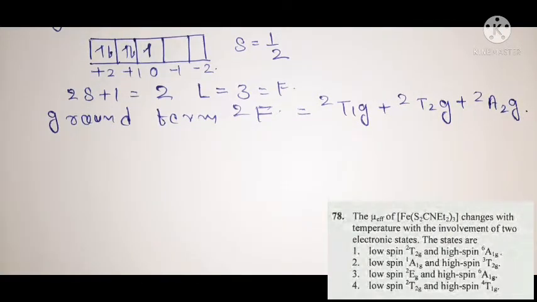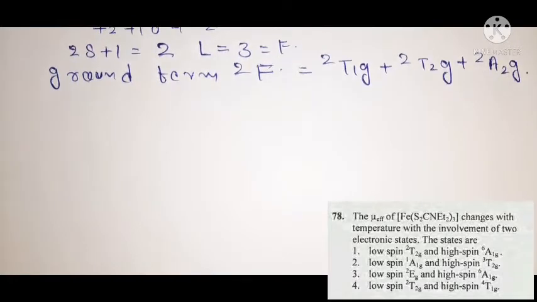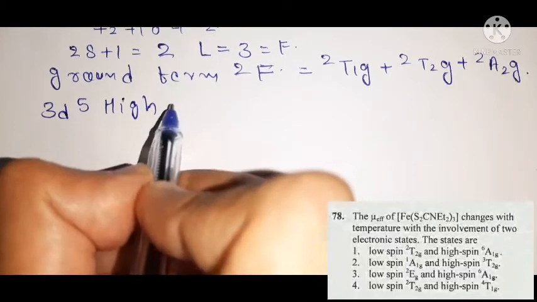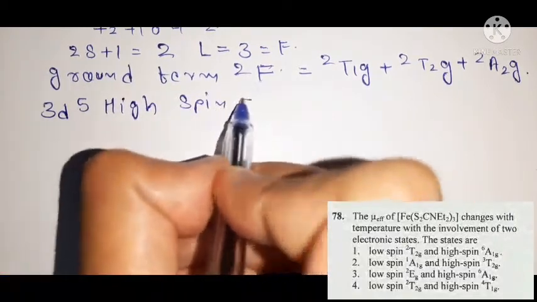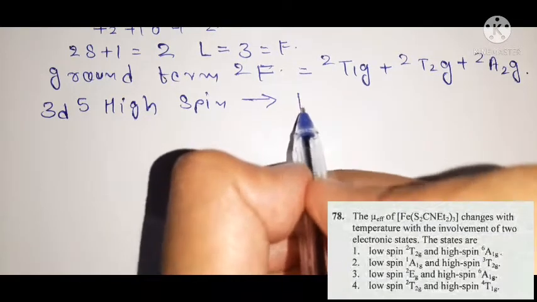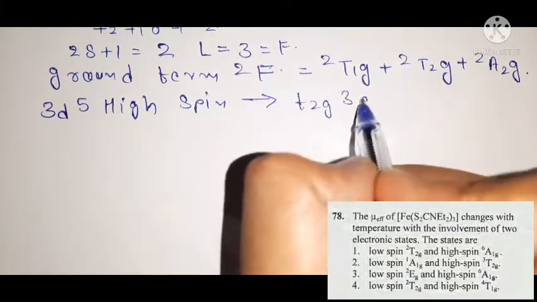Okay. Now for 3d5 high spin, it will be t2g3 eg2.